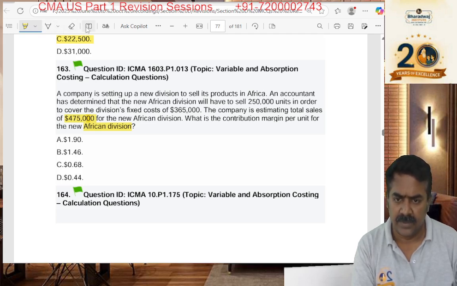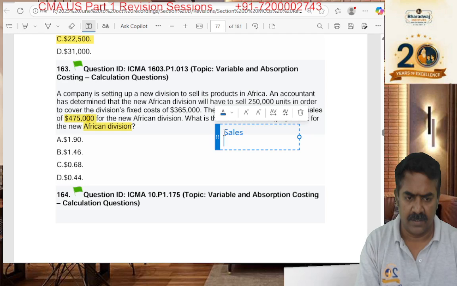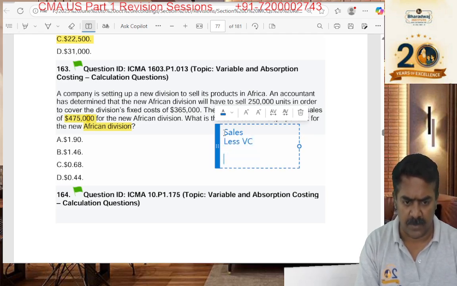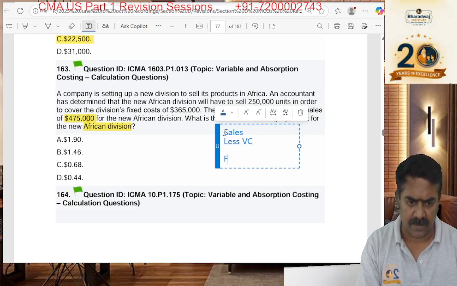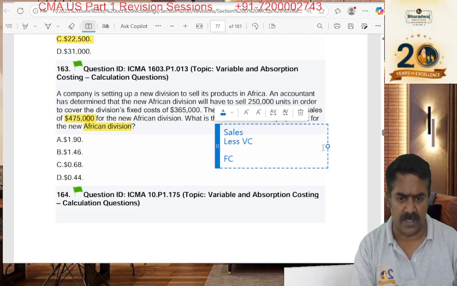Okay. Simple. Sales minus variable cost will cover up which one? Fixed cost. The contribution will be able to cover which one? Fixed cost.